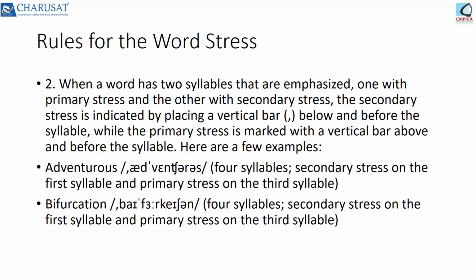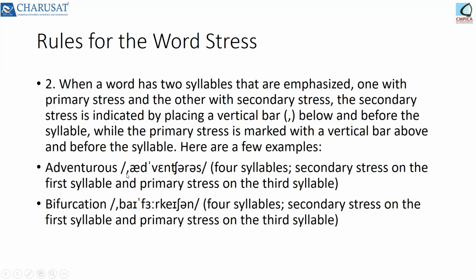Okay, but we need to understand that there are going to be words which have more syllables. There is monosyllabic, and disyllabic, which has two syllables. Now we are going to identify monosyllables and polysyllabics. The rule says that when a word has two syllables that are emphasized, one has primary stress and the other a secondary stress. The secondary stress is indicated by placing a lower vertical bar, like here that you can see. In the word adventurous, it is before a.